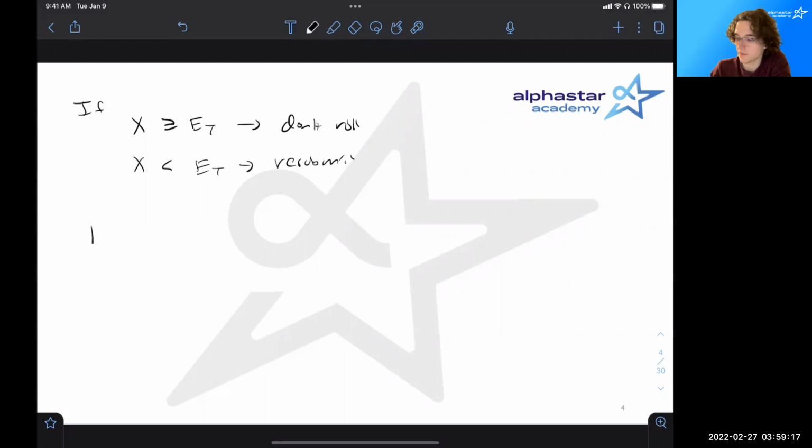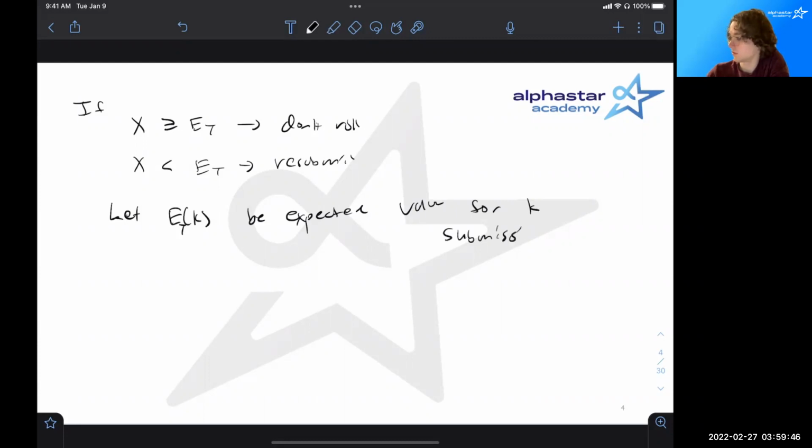So this means that the expected value, let E of K be the expected value for K submissions with T test cases.